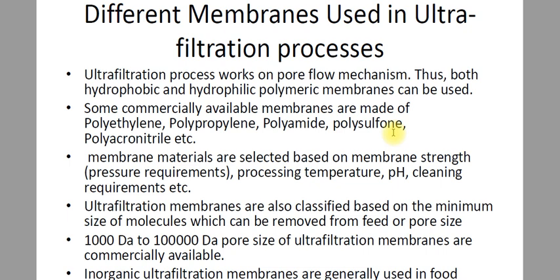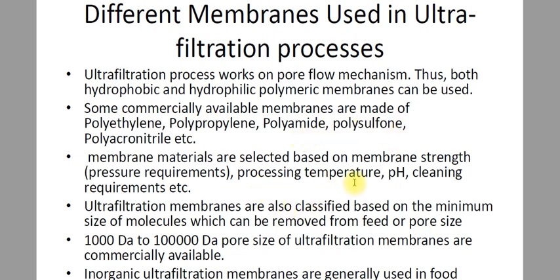If you are using 3 bar or 4 bar pressure, then you can use a polyethylene or polypropylene membrane. So the domestic membrane setups which we use in our homes generally contain polypropylene membranes. But in industrial scale and high pressure setups, like in the food industry and other industries, you might use polysulfone membranes.